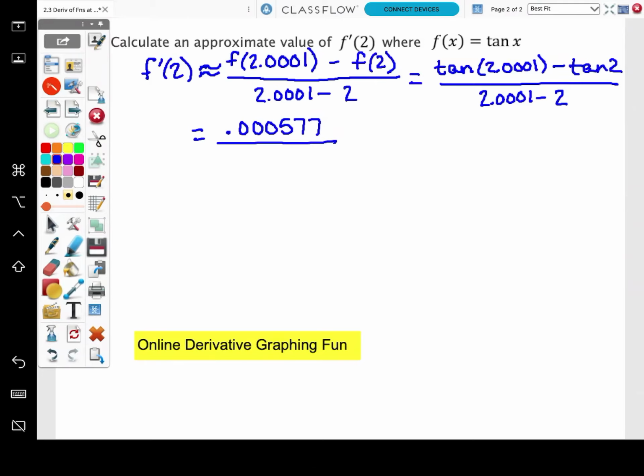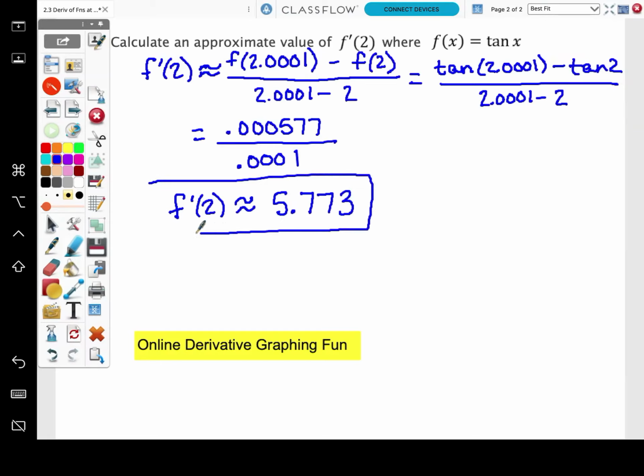And 2.0001 minus 2, of course, is 0.0001. And when I divide those two things, I get an approximate value of 5.773 because I just kept all of the calculations on my calculator.